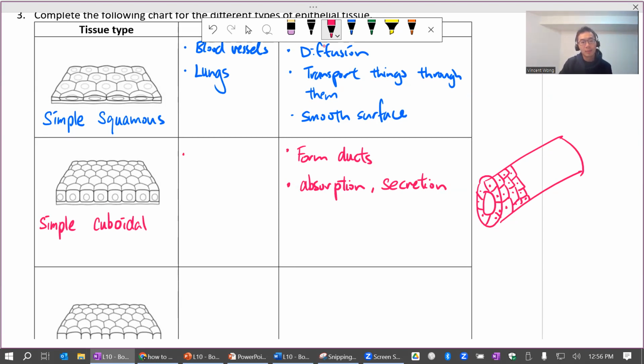So you will find them in ducts of glands. Okay, ducts of glands. And it's at the kidney, right?